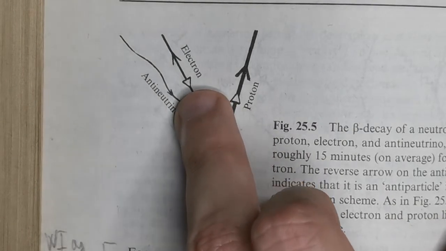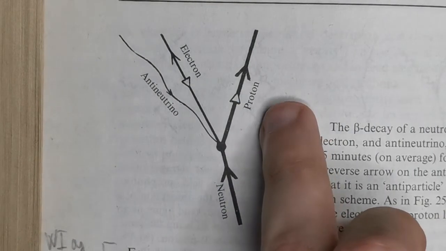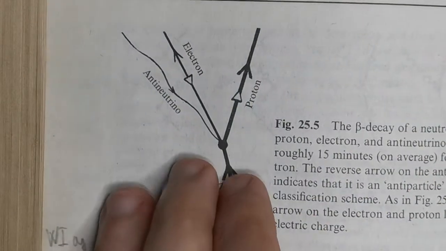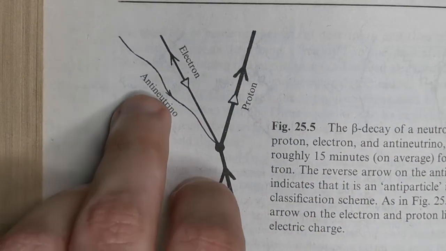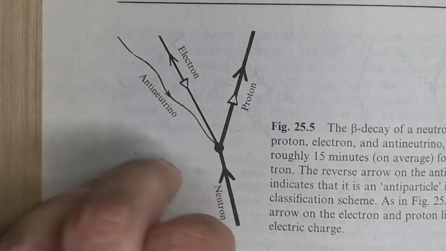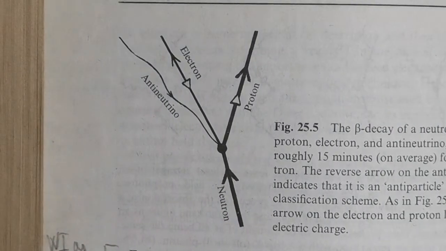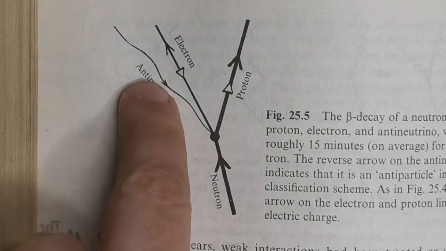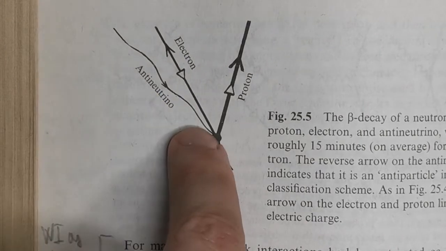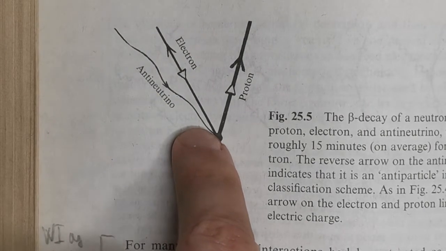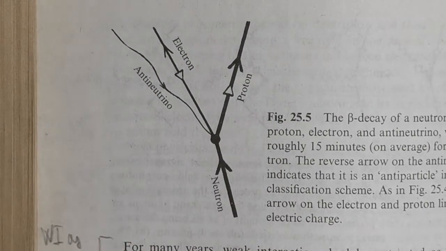The electron has a backward white arrow, the proton has a forward white arrow, and the antineutrino has no white arrows. You can also see that the movement shows that the antineutrino moves backwards in space-time, basically.